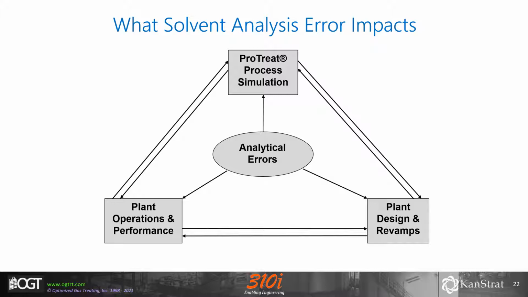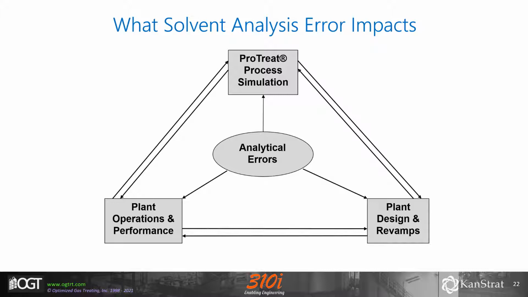If you're doing revamps, designs, or improvements, those errors may be causing you to overcompensate when you don't need to, leading to lost profit. The simulator is used by both the operators and the engineers to help make those decisions, and the simulator is only as accurate as the data you feed it.